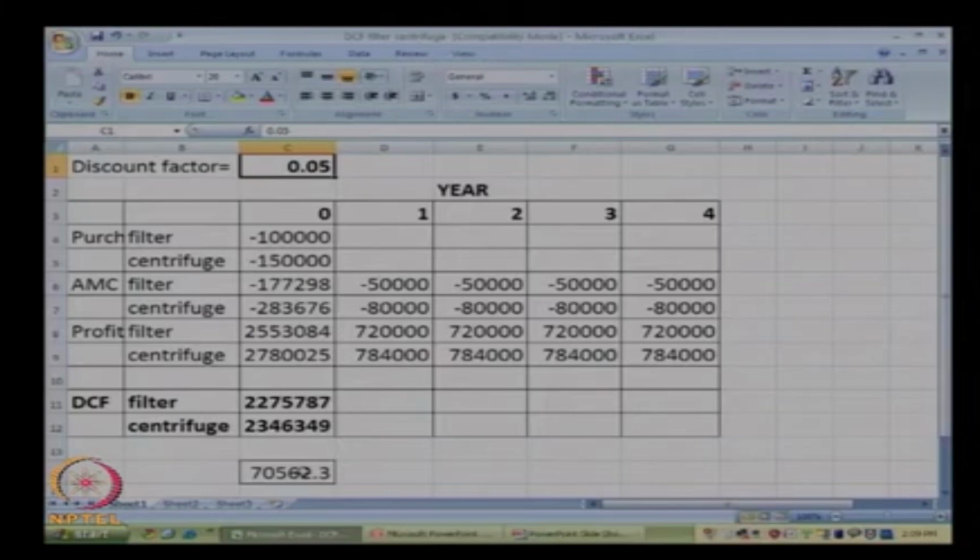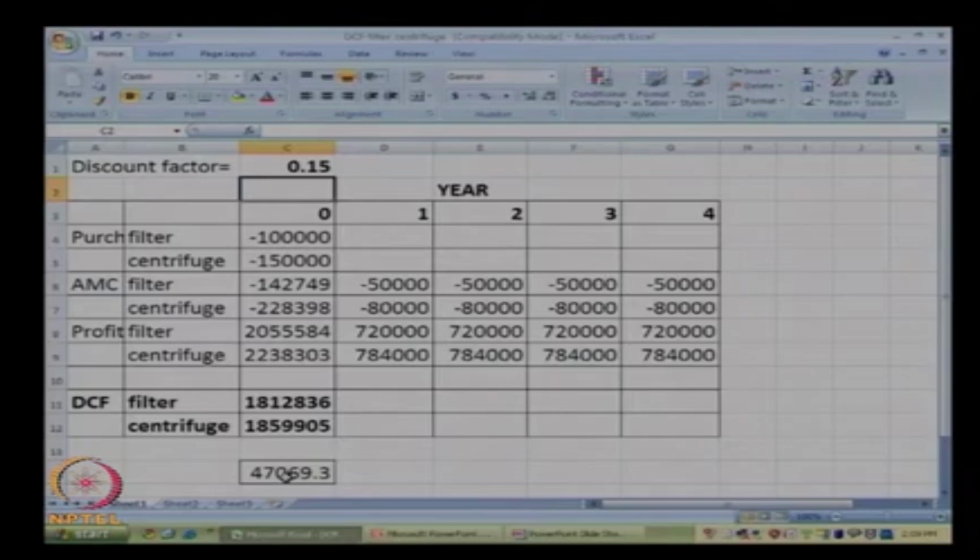So instead of 10%, if I put it as 15%, the discount factor of 15%, then you see the difference between the filter and the centrifuge goes down from 57,000 when it was 10%, it becomes 47,000 if it is 15%.